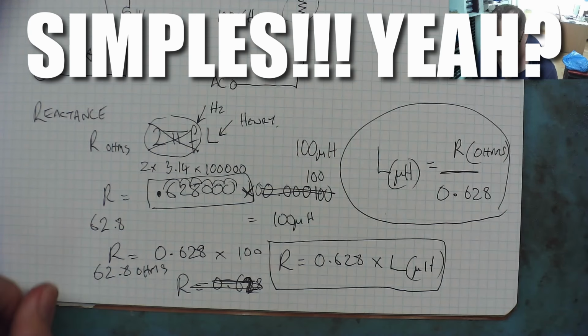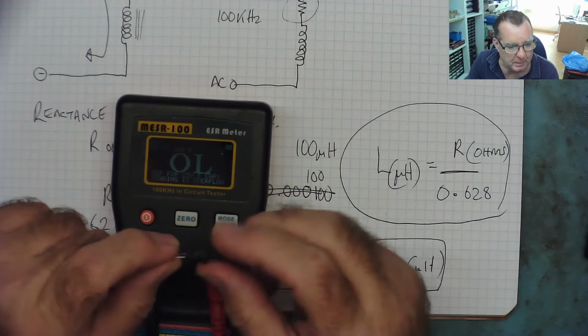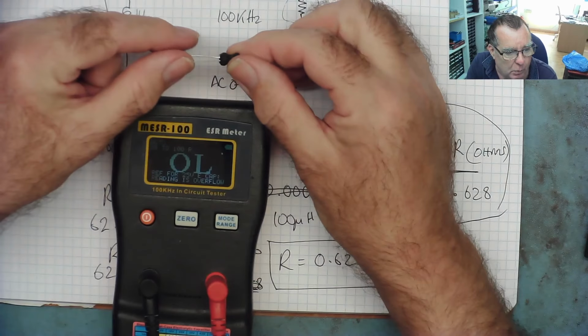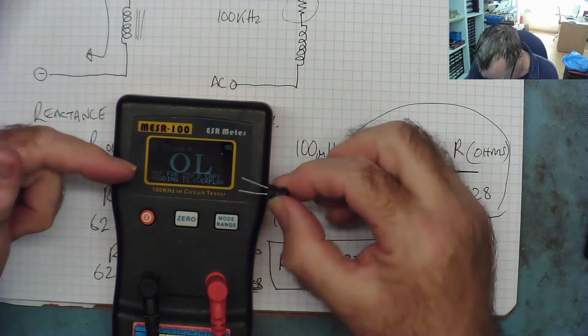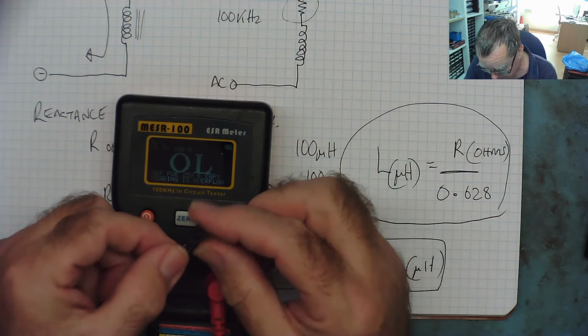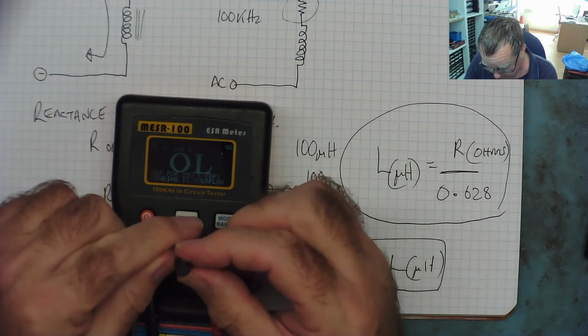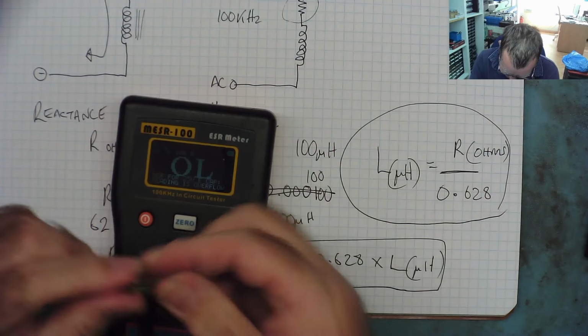Let's put this to the test. So here's the ESR meter. Now this is a 100 microhenry inductor. I bought them from AliExpress and it says 100 microhenries. It isn't marked on it, but I bought them as 100 microhenries. So let's see what we've got.